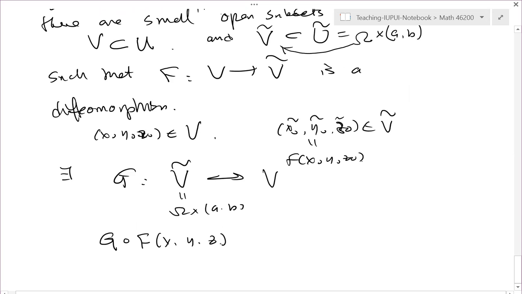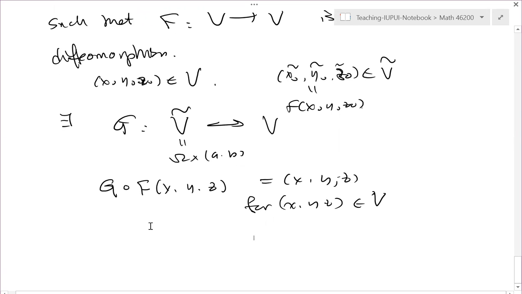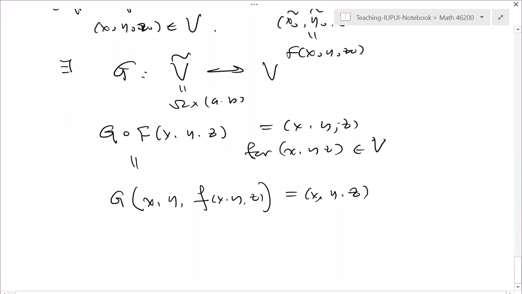X, Y, Z, and this is supposed to be the identity map for X, Y, Z in the open domain V. Remember this map by our construction: the first two components are still X, Y, and the last component is some function of X, Y, Z. So we have this identity. It's a little bit not easy to see right now.